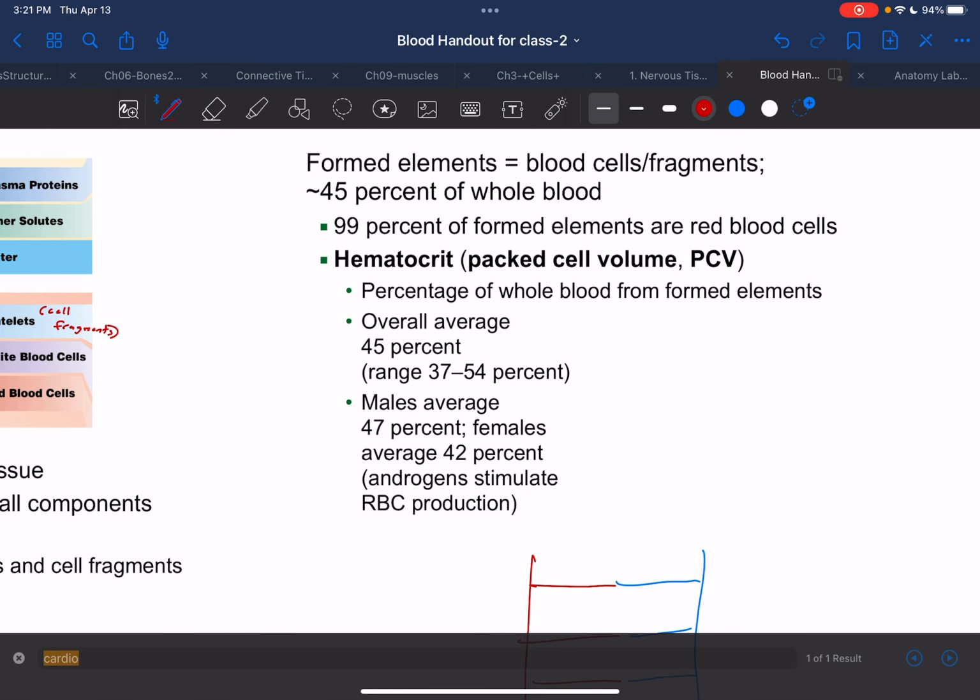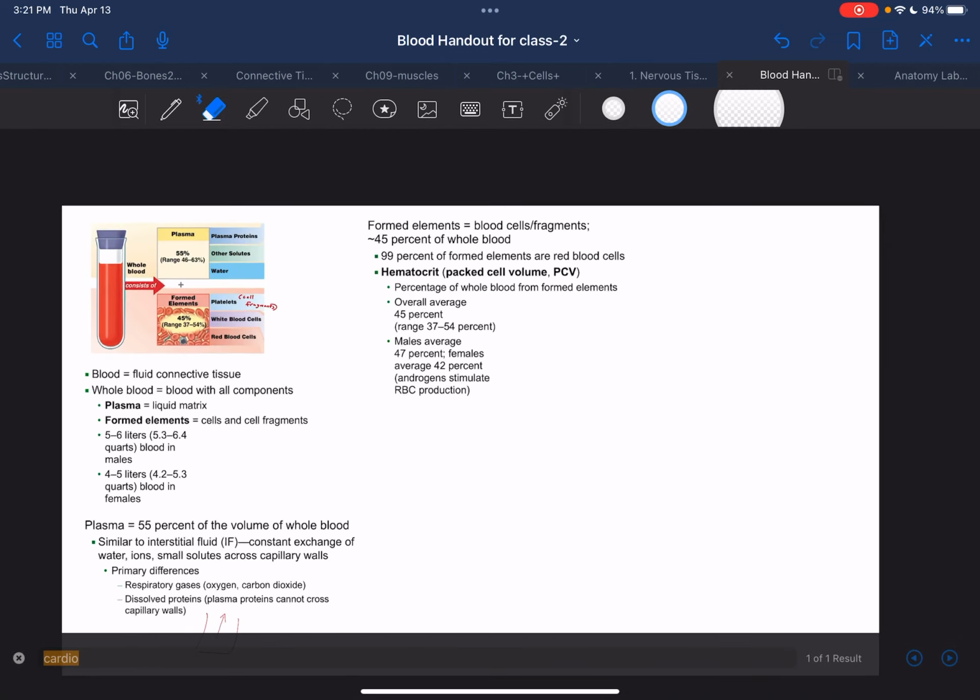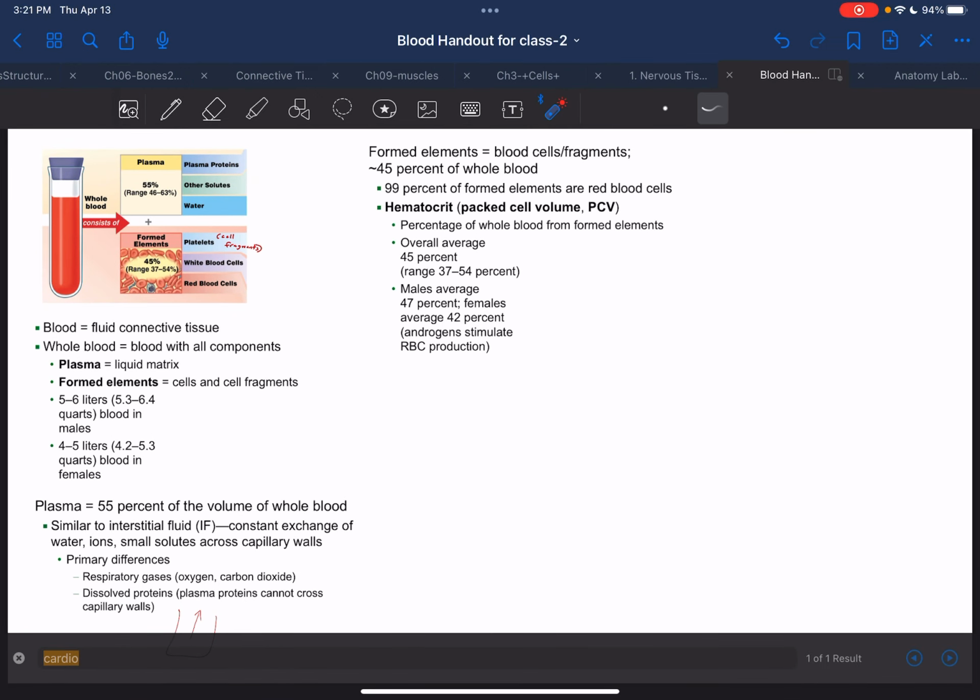And now the hematocrit. When you look at this test tube here, if we spin it really fast, we centrifuge it, that means putting it into a machine that pretty much does, have you ever been to those high school carnivals that spin around? They get you sick and make you throw up in front of everyone, that one. If you do that to blood, it'll actually split the components into parts.